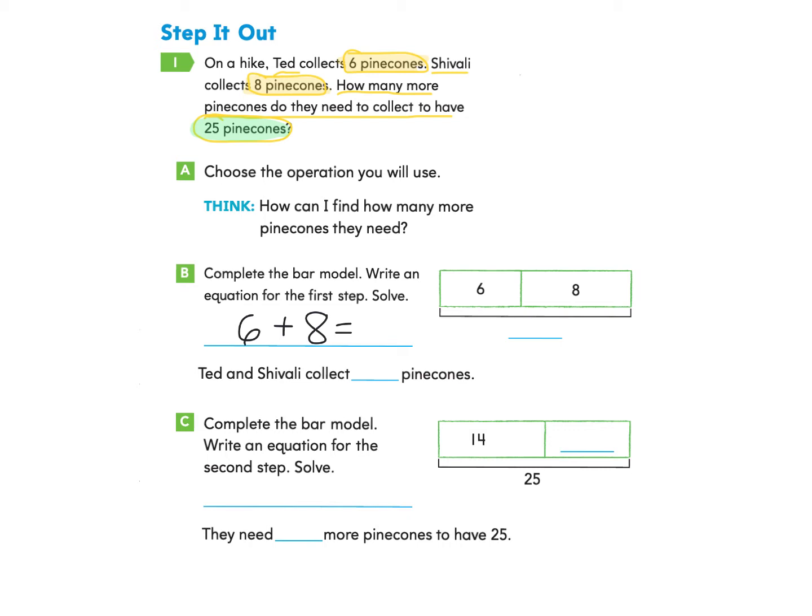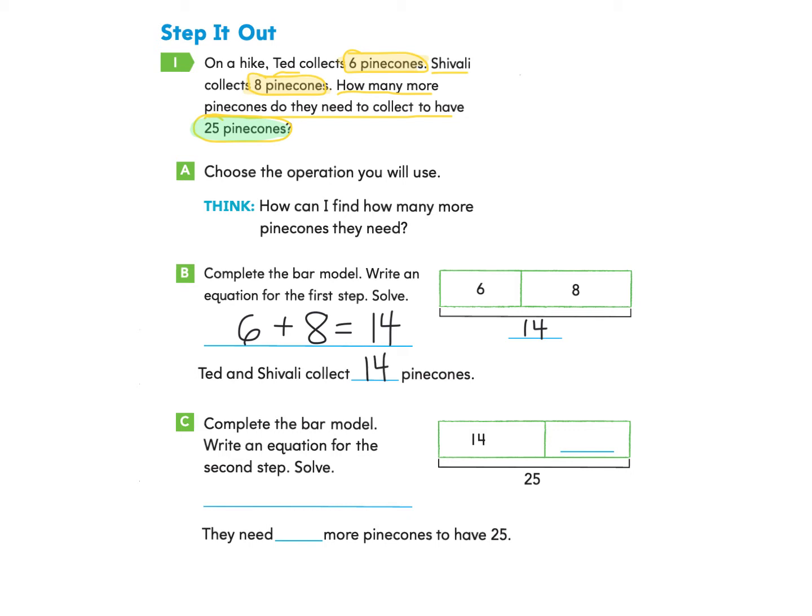And when you come back, you will find that 6 plus 8 makes 14, so we can complete and solve this part of the problem. Together they have 14 pine cones. We can answer: Ted and Shivali collect 14 pine cones.